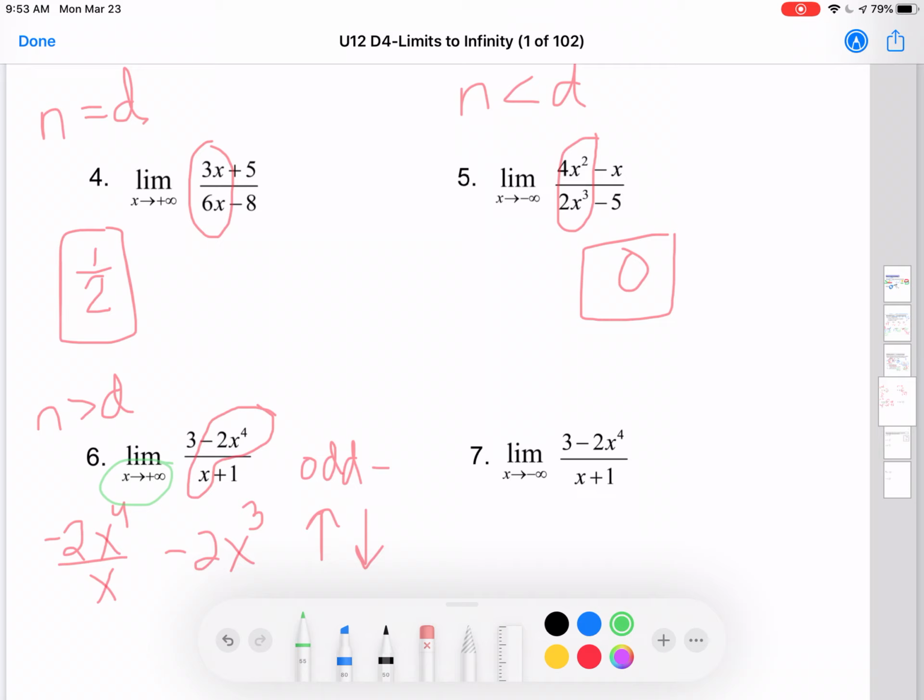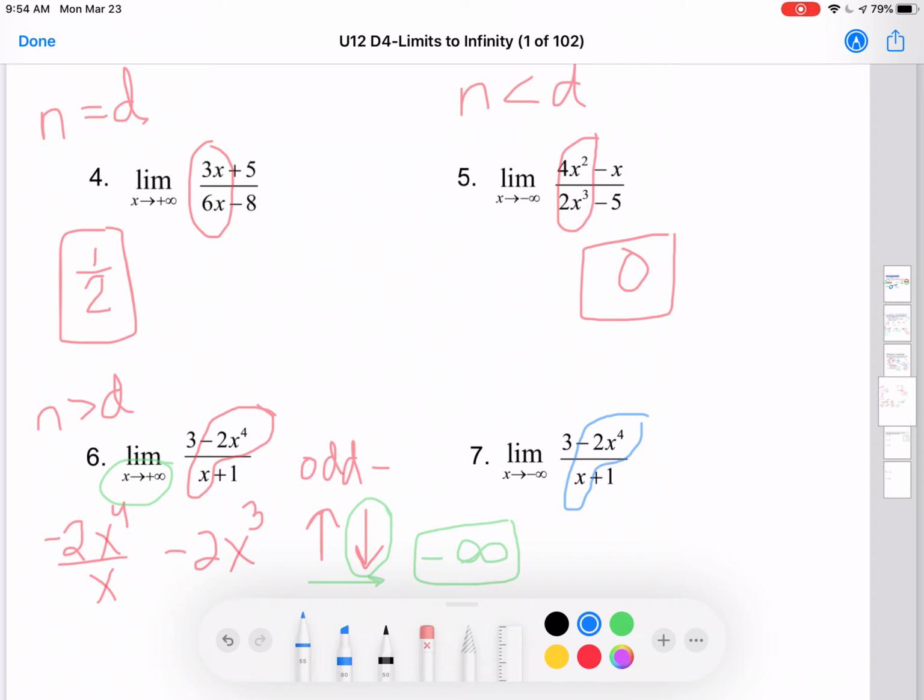Towards positive infinity. So if x is heading towards positive infinity, I'll use this part. So the limit is negative infinity. You can always graph these two and peek and see what they look like to try and understand what's happening here. And you can see that it is correct. Okay, one more. What do we have happening on this one?